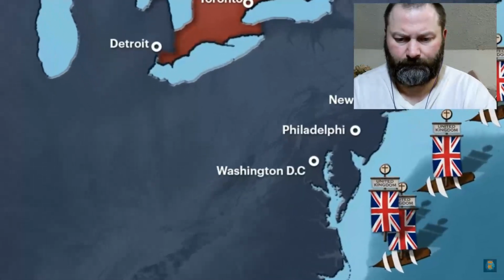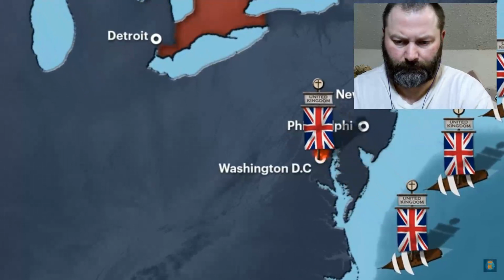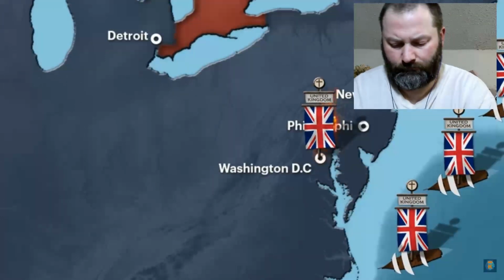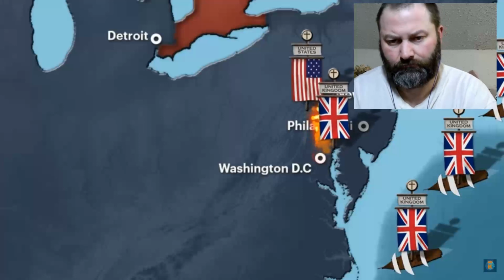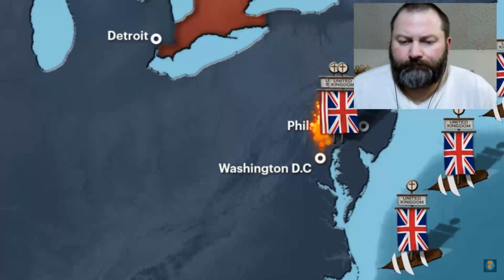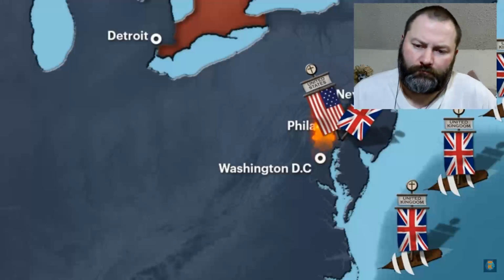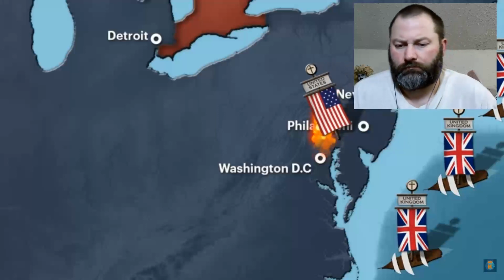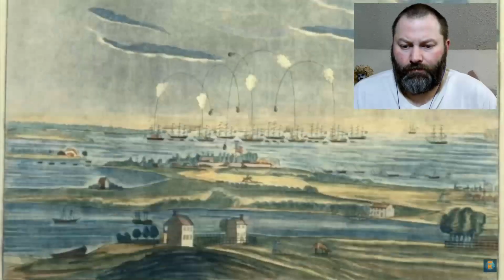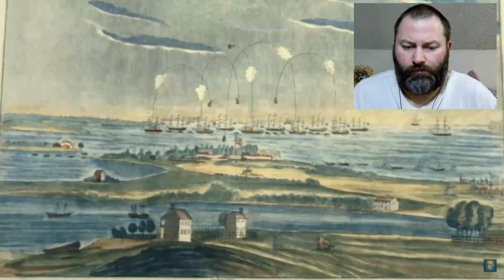The British sliced through the U.S., destroying government buildings, including the White House, as they took control of Washington, D.C. The Brits then tried to push farther into Baltimore by September under the authority of General Robert Ross, but were repulsed at the Battle of North Point, where General Ross was killed. In the battle that inspired the U.S. national anthem, more British troops were fought off at Fort McHenry.